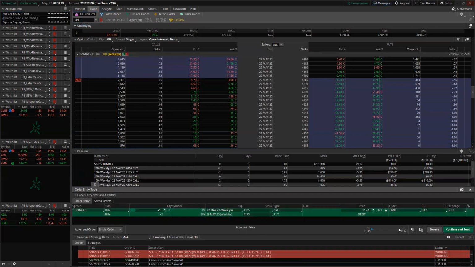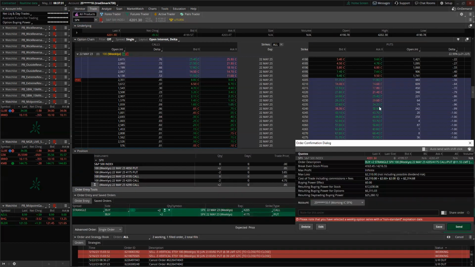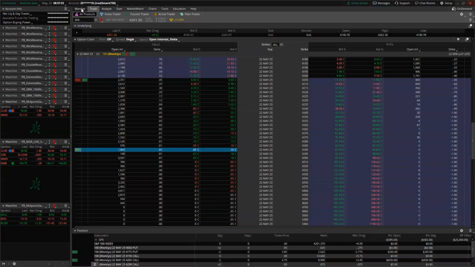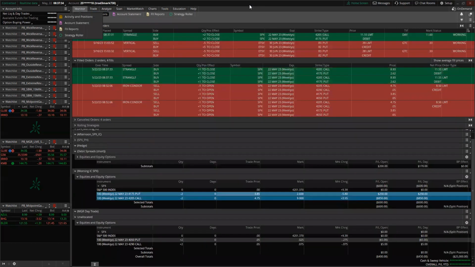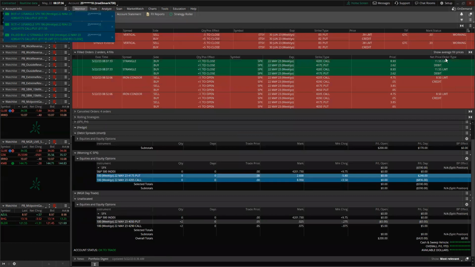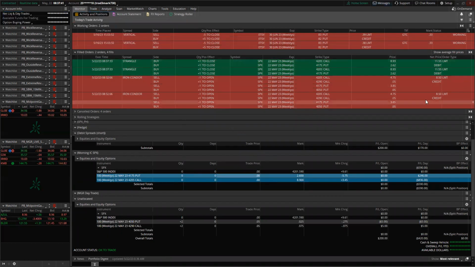All right, we got filled at 1155, so it didn't bleed much. We hit our 5 cents over, so we had to pay $10 more than we expected.